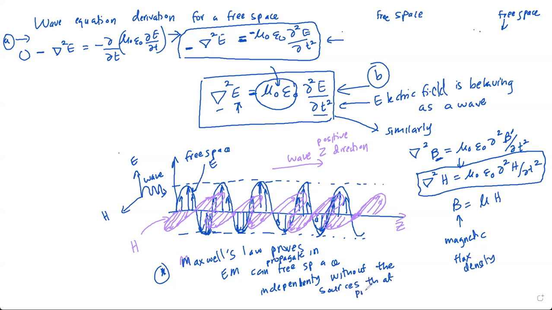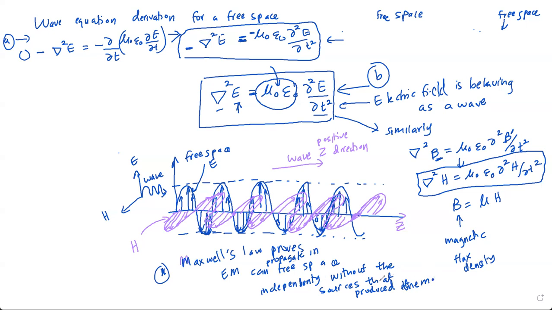So the electromagnetic waves can propagate without the help of the sources that produced them. Okay, so without the source that produced them, an electromagnetic wave can propagate in free space independently. That is what Maxwell's law proposed, right?